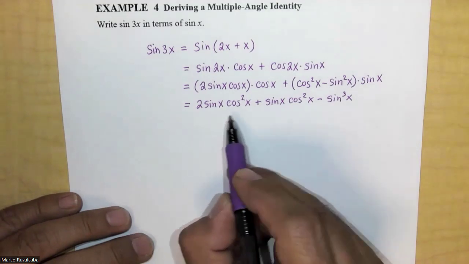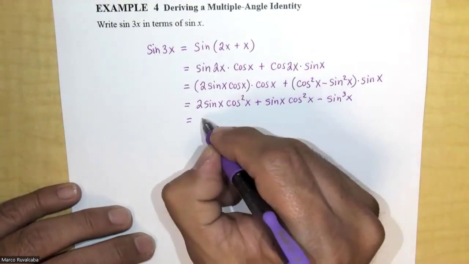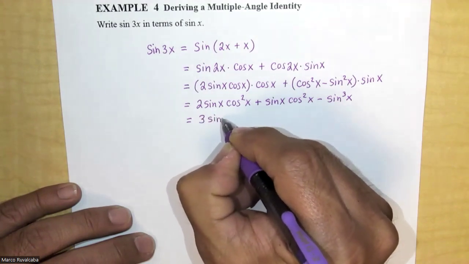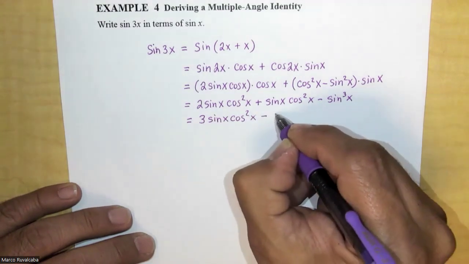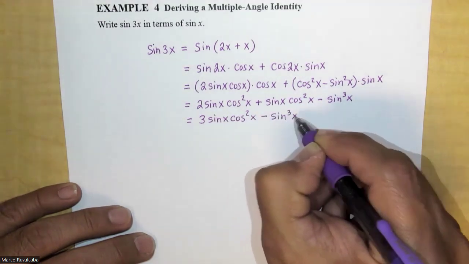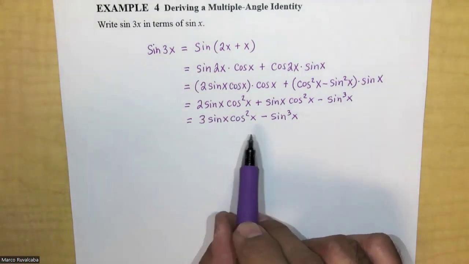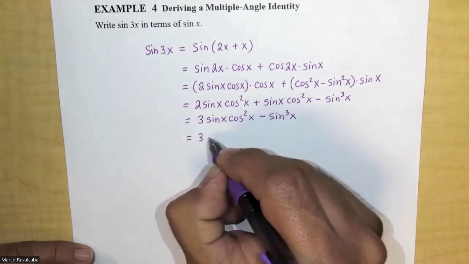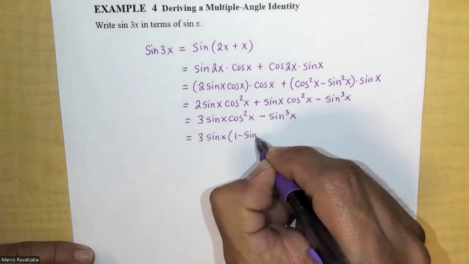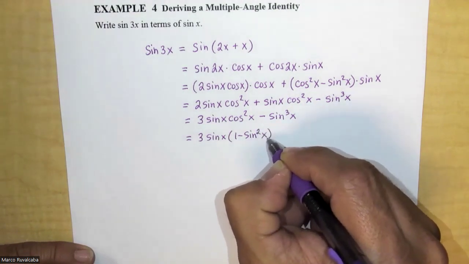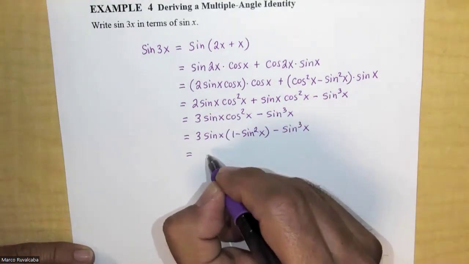So the first two terms here are like terms, so we can combine them. That's 2 and 1, that'll be 3 sine x cosine squared x minus sine cubed x. Notice we're still not all in terms of sine. We have that cosine, but using one of the identities, cosine squared is 1 minus sine squared x. So we substitute for that one. Then we distribute.